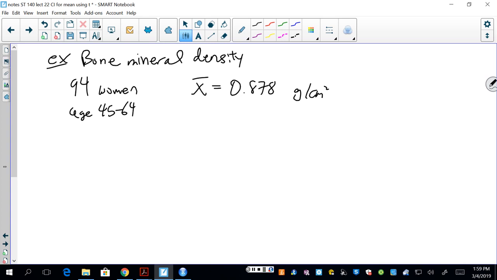I wonder if it's cubic, but I'm just keeping what my notes say. And the standard deviation of the measurement is 0.126 grams per centimeter squared. There's some procedure for measuring bone mineral density. Do a scan, weight of limbs relative to their size, like that. The density.